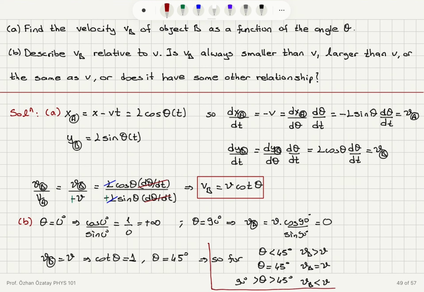So we find this relationship between VB and V as a function of angle theta.